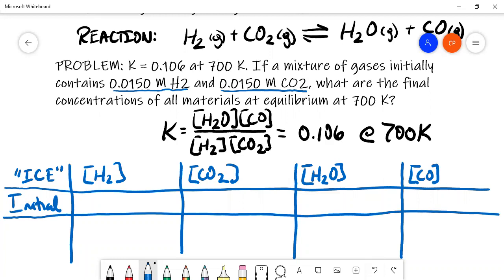Well, the initial values of H2 and CO2 are given to me directly. They're right there in the problem. 0.0150 molar concentration of H2, 0.0150 molar concentration of CO2. What about H2O and CO? What does the problem tell me about the initial concentration of H2O and CO?